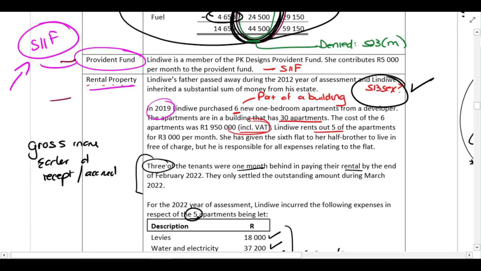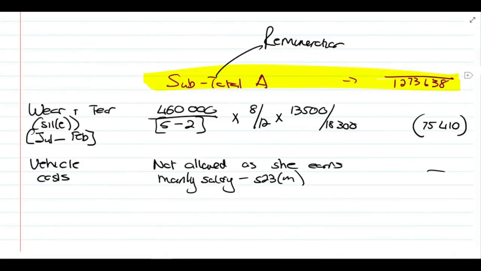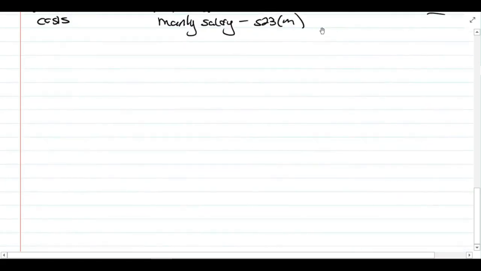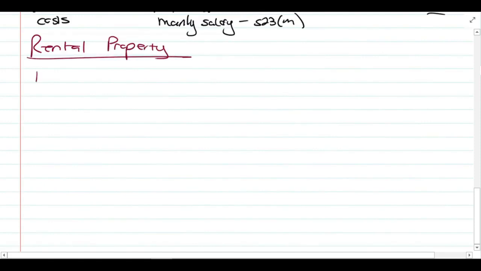Okay, so she got it in 2019, so she had the 3,000 rands per month for 5 units the entire year. So for 12 months. So let's start with our rental property. We've got the rental income, 3,000 rands a month for 5 units, 12 months, 180,000.